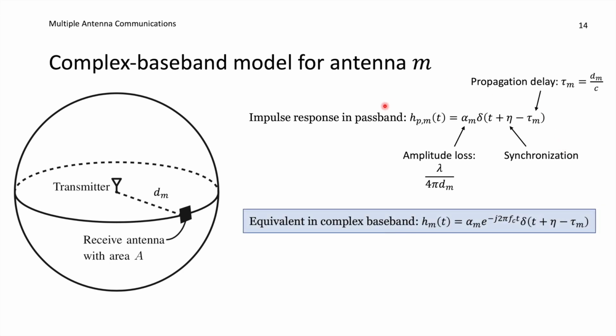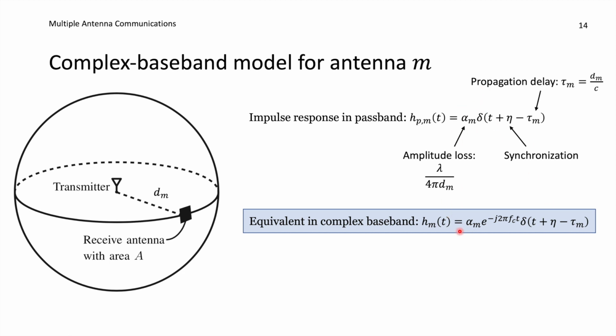When we have this impulse response in the passband, then we achieve an equivalent impulse response in the complex baseband by taking the same thing and just multiplying with e to the power minus j2 pi fc t, where fc is the carrier frequency. So we are essentially taking this impulse response in the passband and we move it down to the complex baseband. Apart from that, it's the same factors that are appearing.